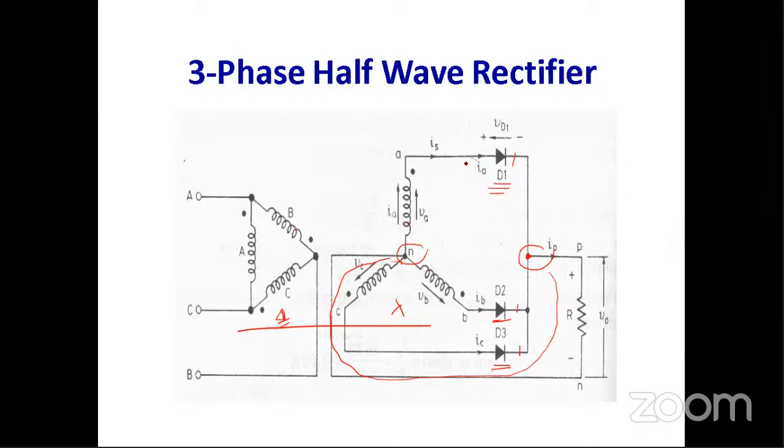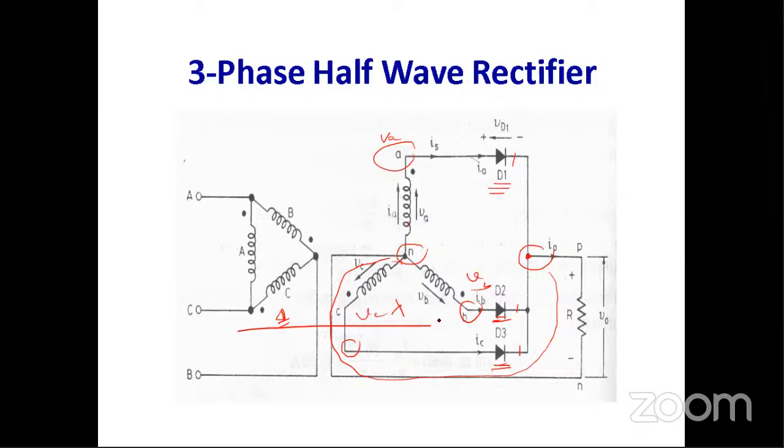Say diode D1 is connected to phase A, diode D2 connected to phase B, and diode D3 connected to phase C. Which diode will be in forward bias depends on the instantaneous voltages VA, VB and VC.